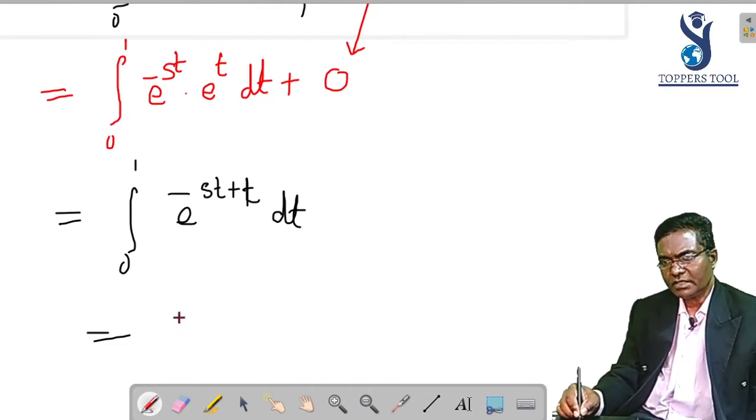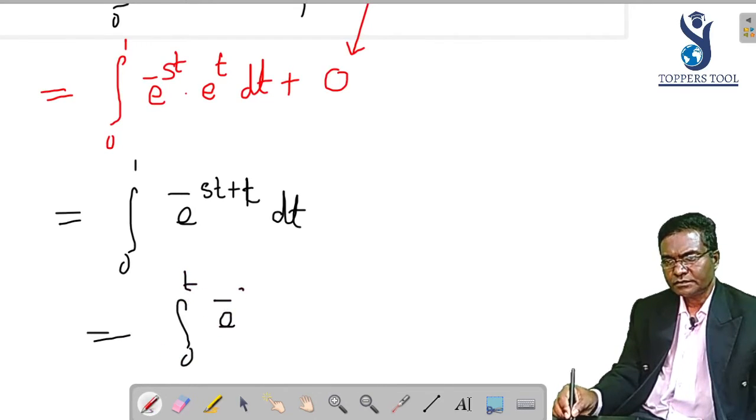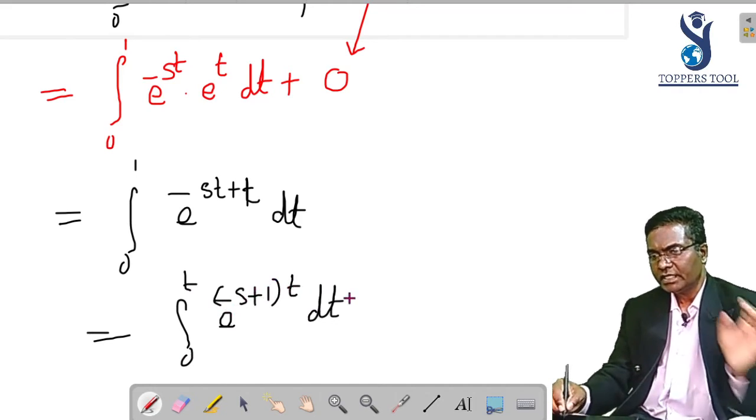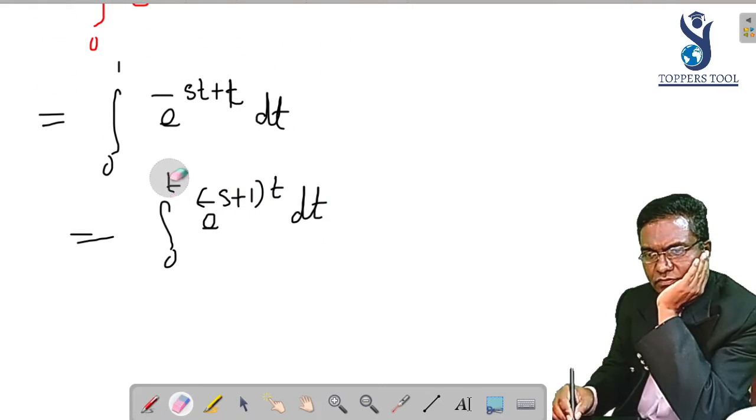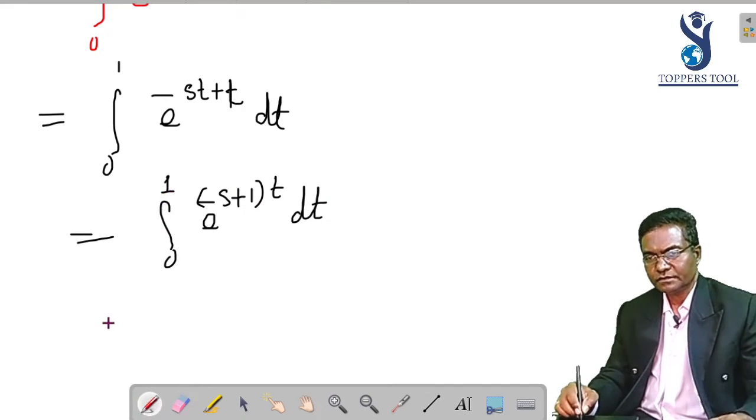Now take e power minus (s plus 1) t common, dt, with limits 0 to 1.